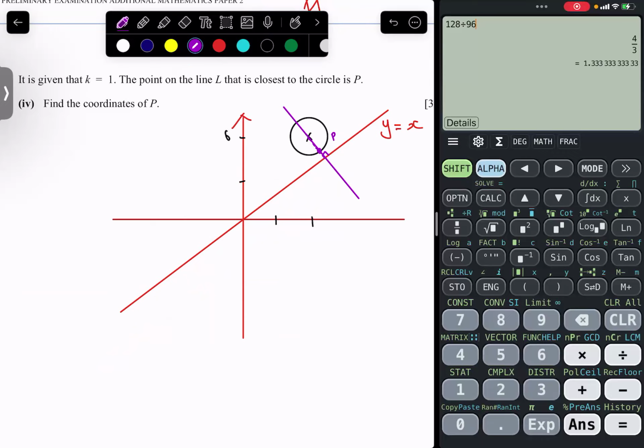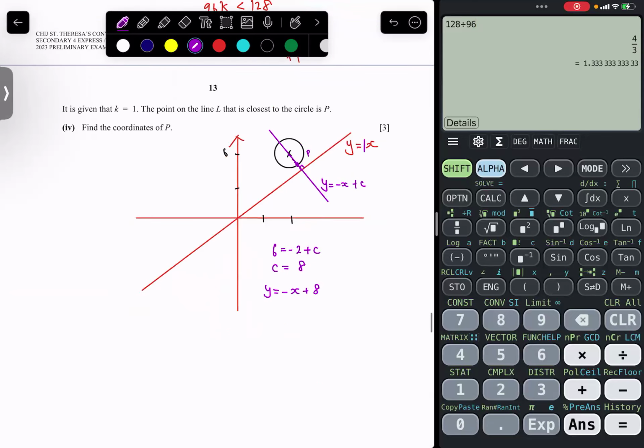The gradient of this line is 1, so the gradient of the purple line will be y equals negative x plus c. Since it passes through the center 2, 6, 6 equals negative 2 plus c, so c equals 8, and y equals negative x plus 8.